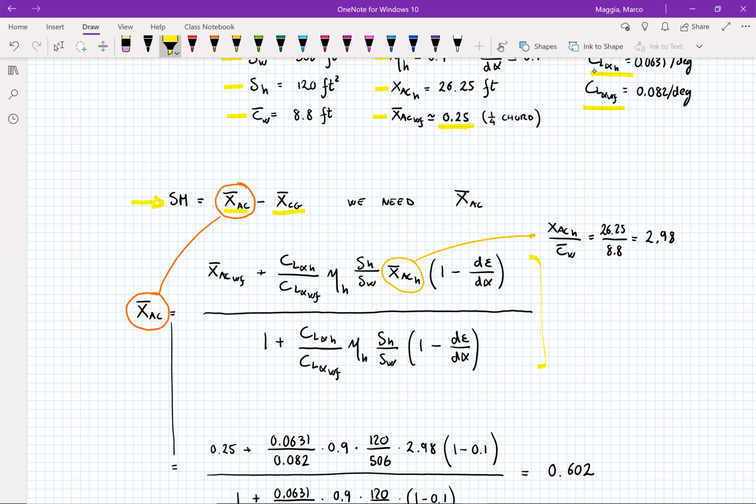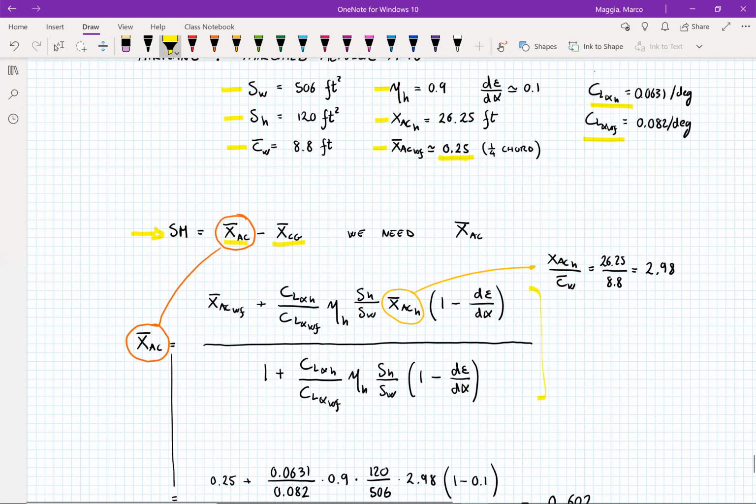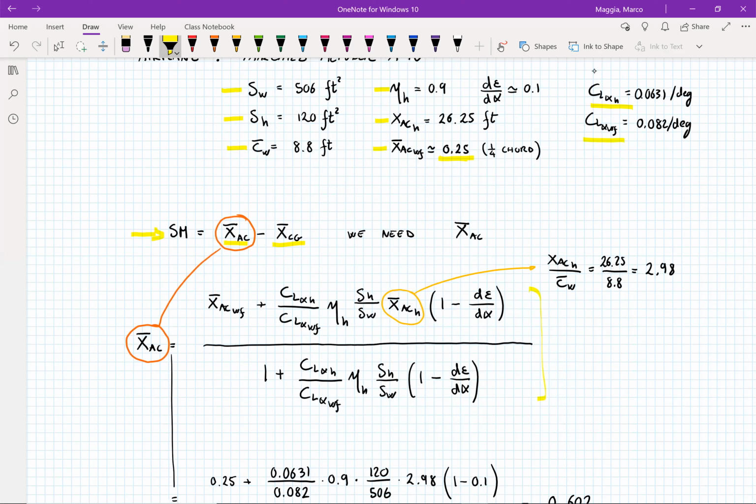So we need to know all the terms. We actually have all of them as data except for the normalized position of the aerodynamic center for the horizontal tail, but we actually have it. We just need to normalize it using the mean chord of the wing. So that value is simply 2.98.